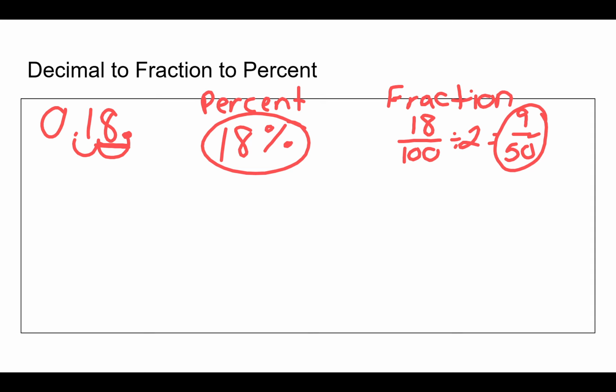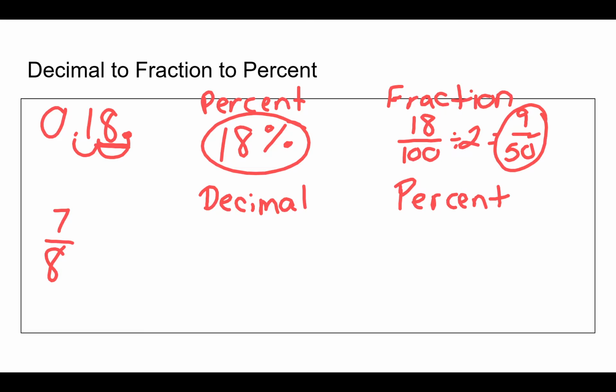Let's take a look at a fraction. If we start with a fraction, let me pull up my thing here. Okay, we have 7/8, and we're going to change 7/8 into a decimal, and then just change that decimal to a percent. So we'll just do a little bit more practice with that.